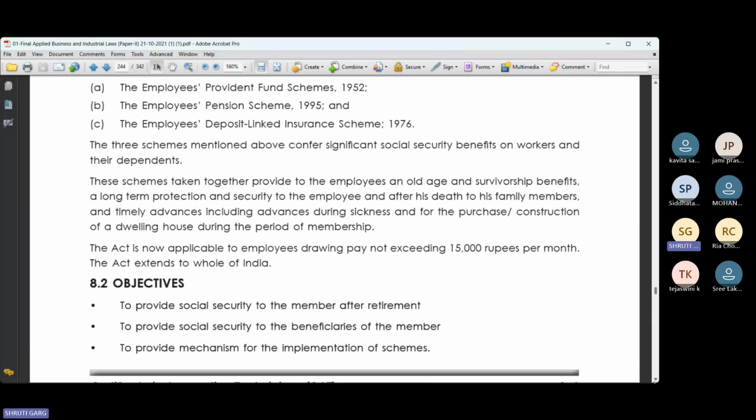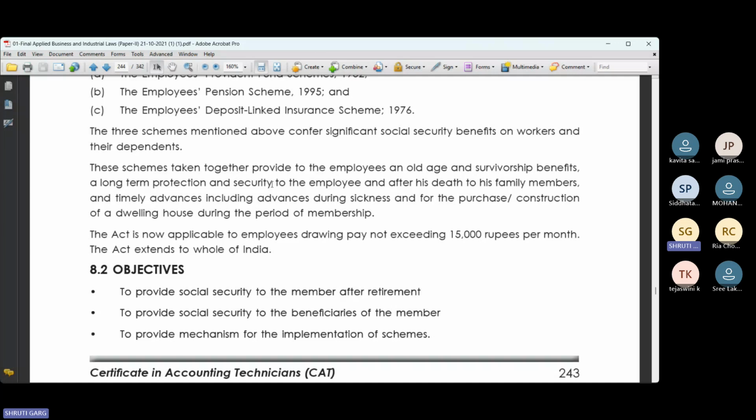These schemes taken together provide to the employees old age and survivor benefits, for saving purpose, for their future purpose. These schemes give them old age and survivor benefits, long-term protection and security to the employees, after his death to his family members, and they give timely advances, including advances during sicknesses, for the purchase or construction of a dwelling house during the period of membership.